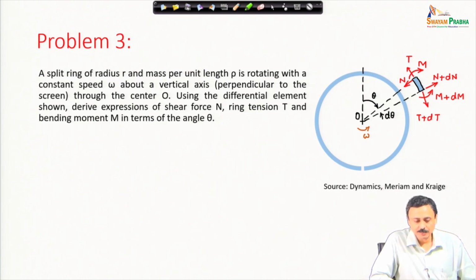Using the differential element shown in the figure, derive expressions of shear force N, again shown in the figure, ring tension T, and the bending moment M in terms of the angle theta.